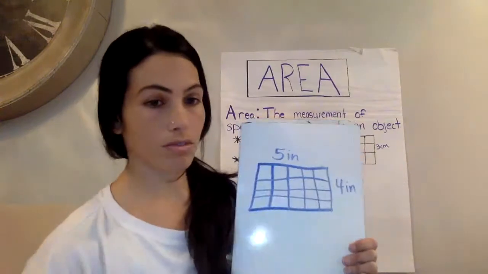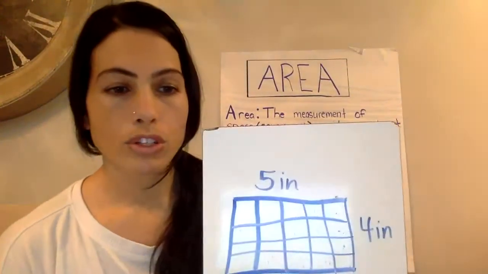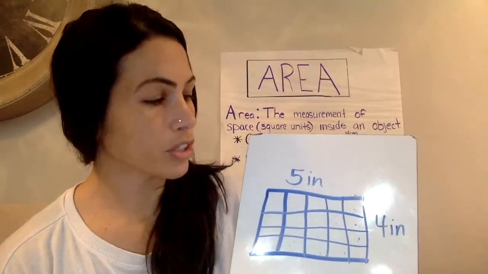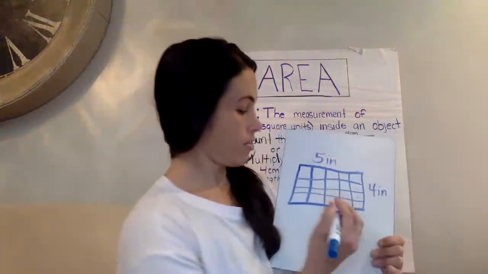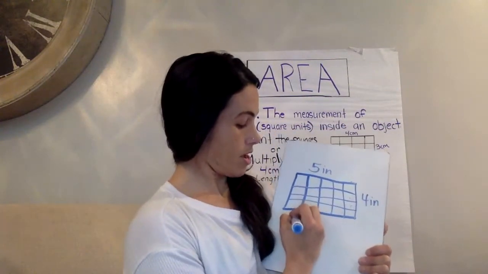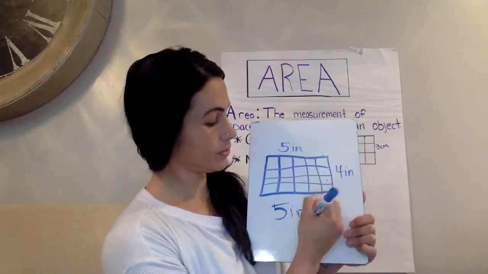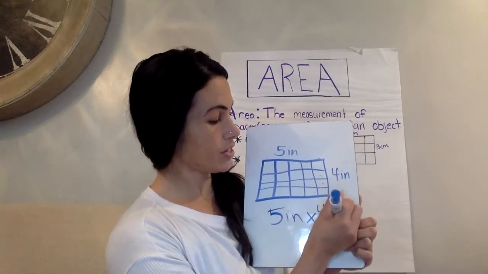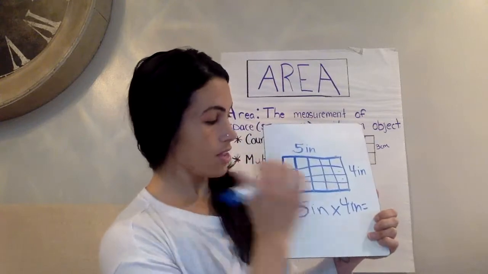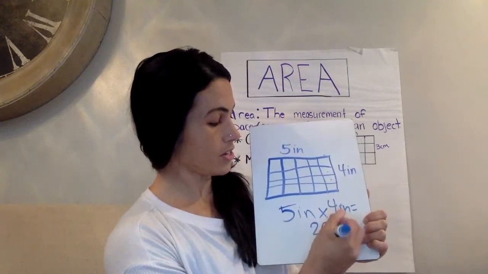Now this takes a lot longer to do, so I only suggest using this if you're still trying to learn your multiplication. If you're not, you should just do the math. 5 inches times 4 inches, and that equals 20 inches.